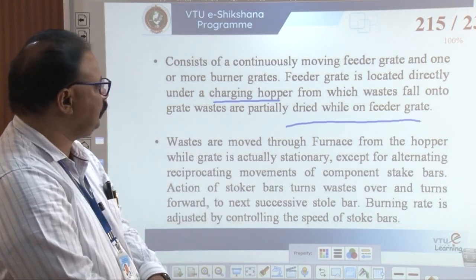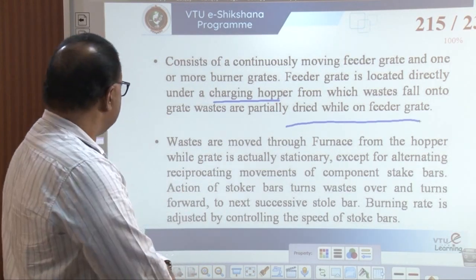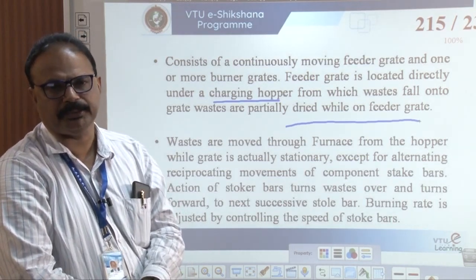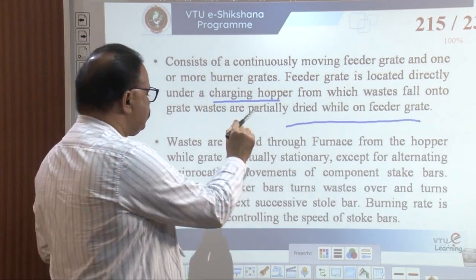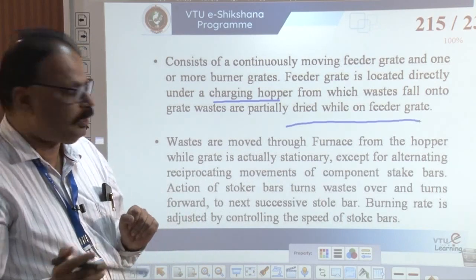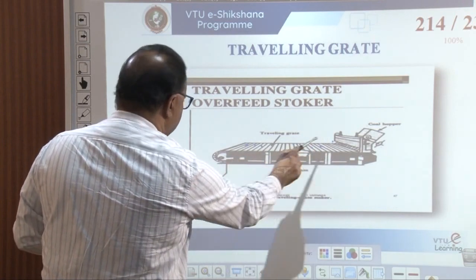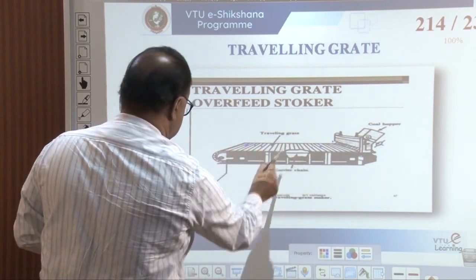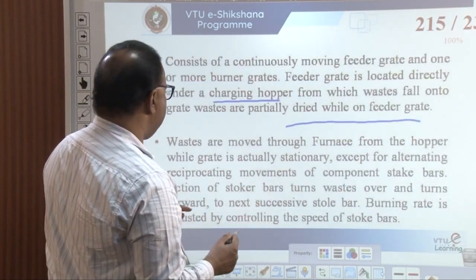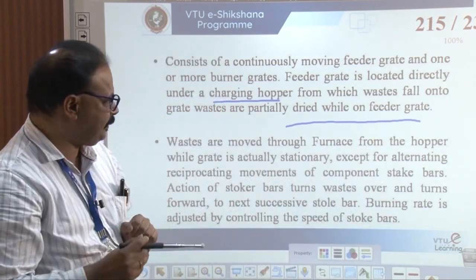It consists of a continual movement of the feeder grate and one burner grate. The feeder grate is located directly under the charging hopper, from which waste falls onto the grate and is partially dried. You can see here the waste falls on this and is partially dried on the traveling grate above. The waste is moved to the furnace from the hopper, while the grate is actually stationary.